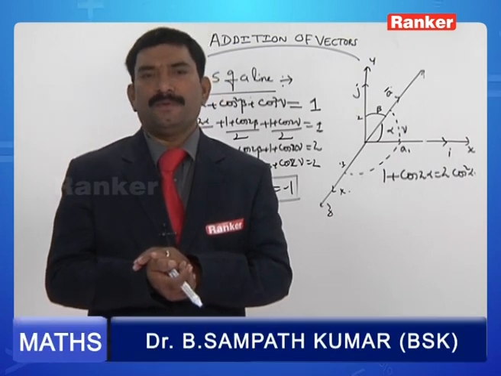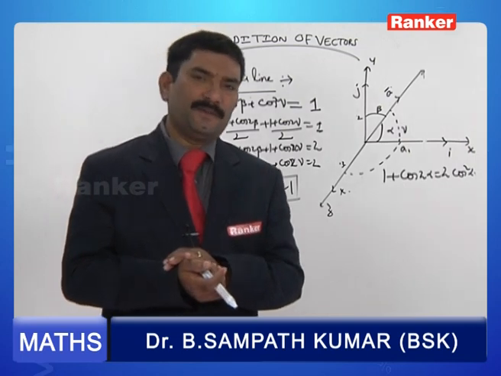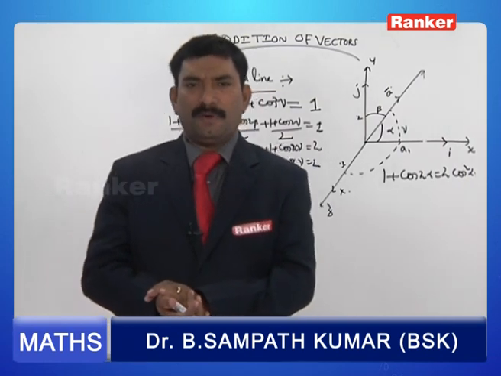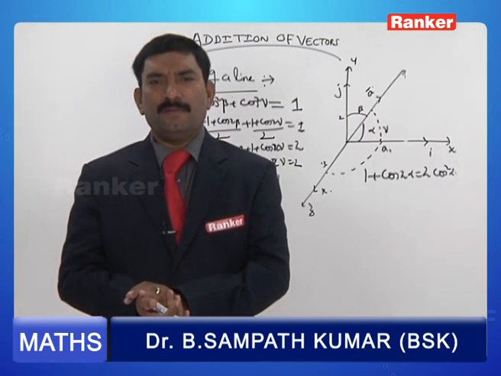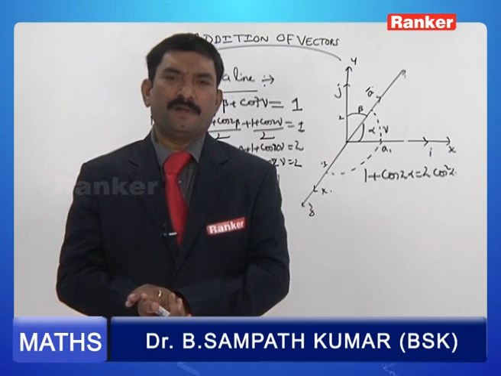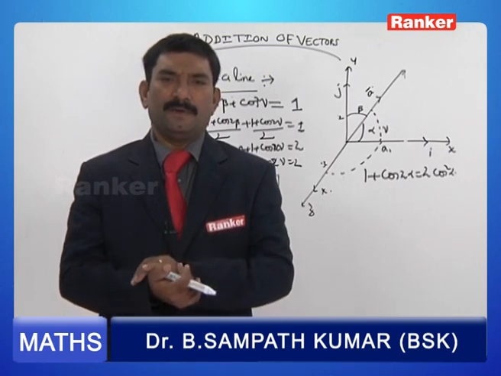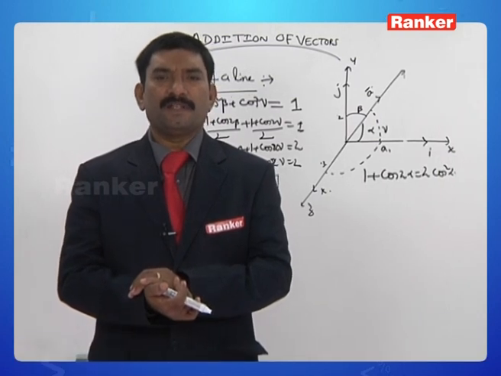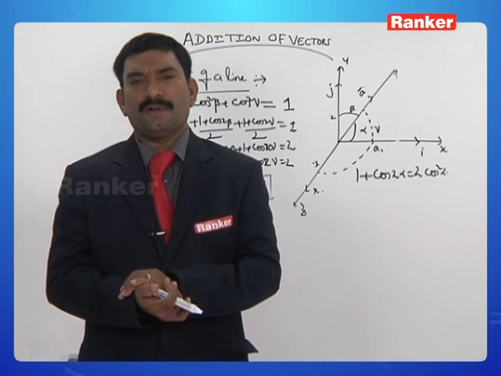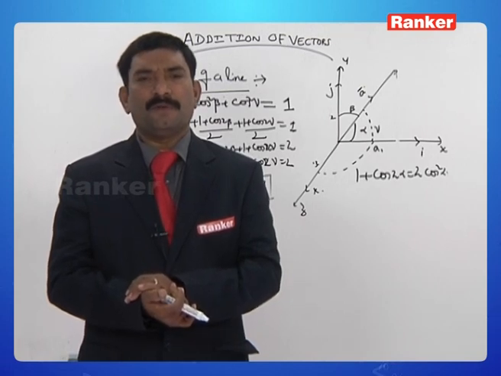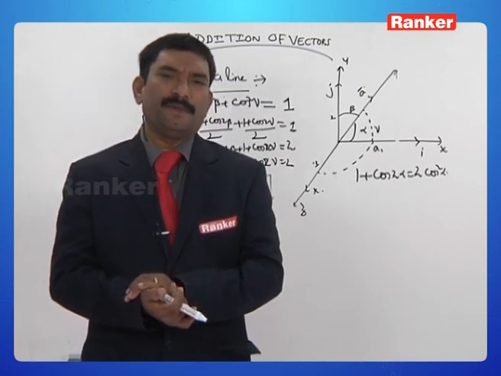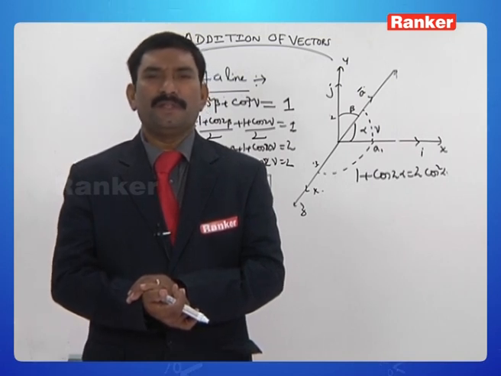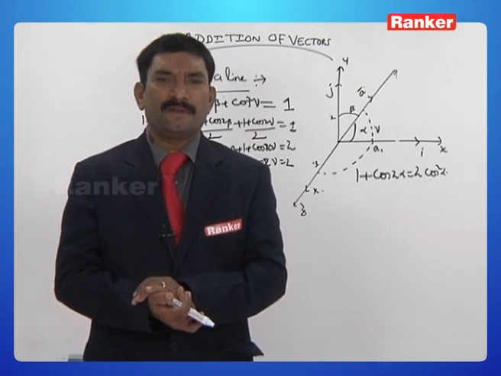Later we found out cos alpha is equal to A1 by modulus of A bar, cos beta is equal to A2 by modulus of A bar, cos gamma is equal to A3 by modulus of A bar. Later, I told the angle made by the vector with the positive direction of x, y and z axis: alpha is equal to cos inverse of A1 by modulus of A bar, beta is equal to cos inverse of A2 by modulus of A bar, gamma is equal to cos inverse of A3 by modulus of A bar.